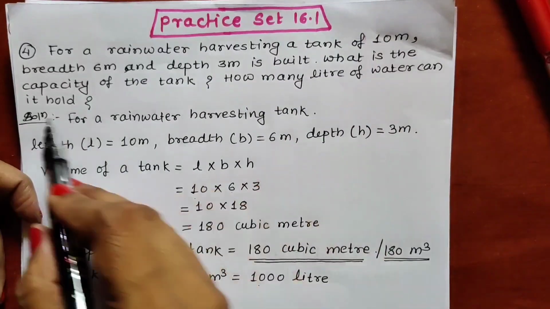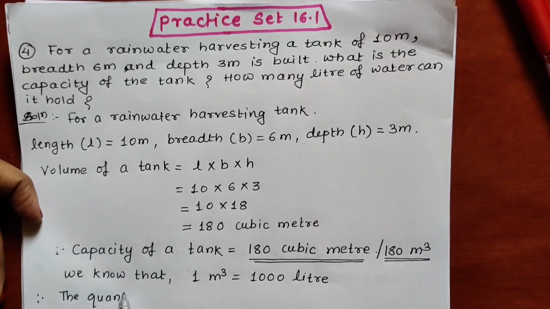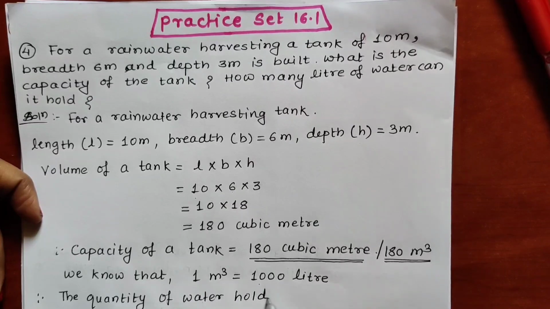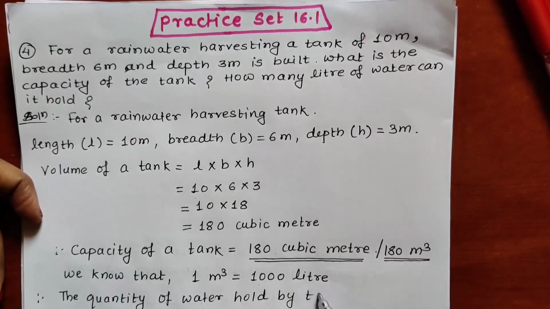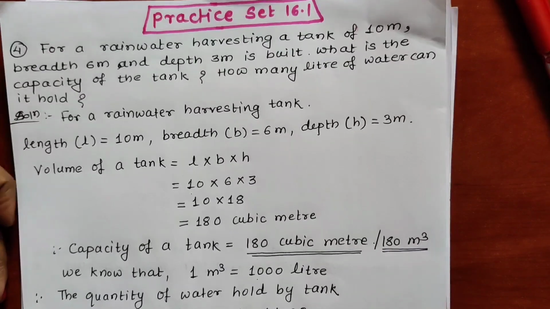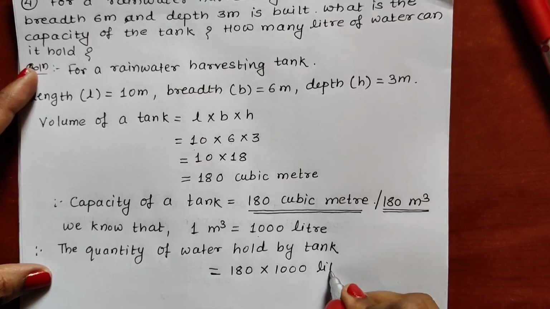How many liter of water can it hold? Therefore, the quantity of water held by tank will be equal to 180 multiplied by 1000 liter.